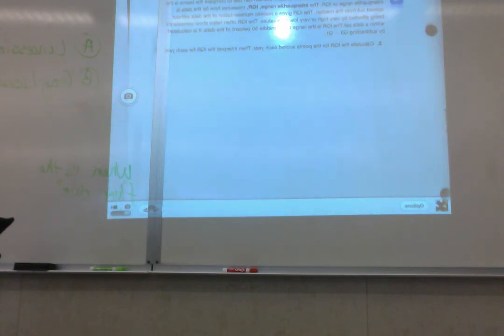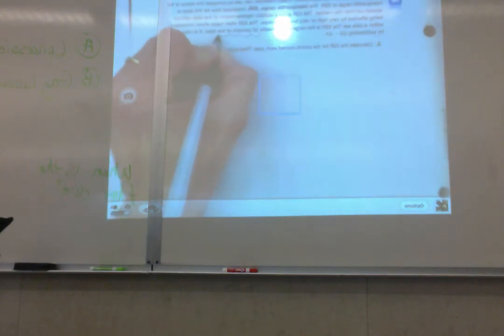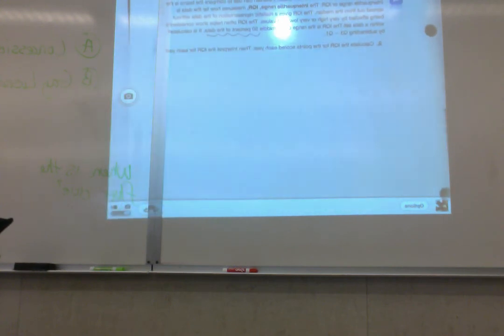The IQR often helps show consistency within a data set. The IQR is a range of the middle 50% of the data. It is calculated by subtracting Q1 from Q3.